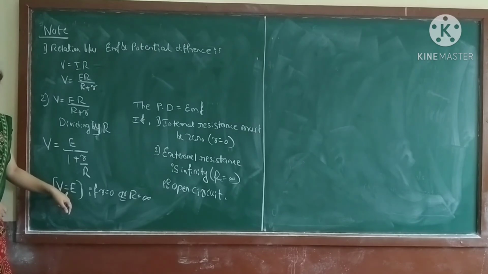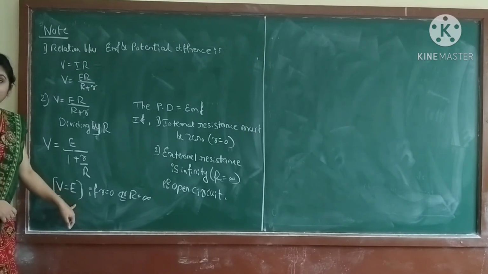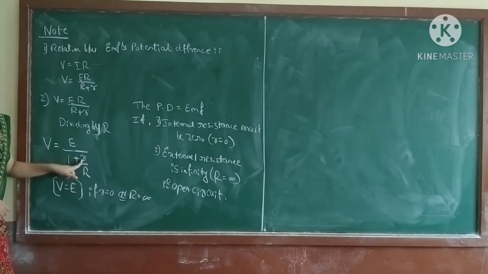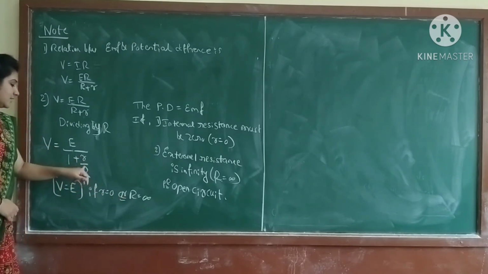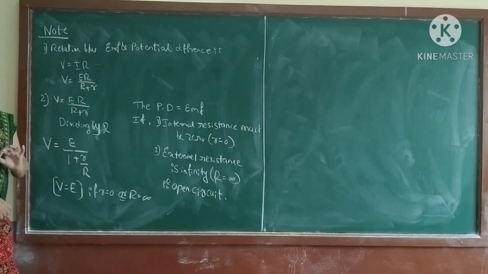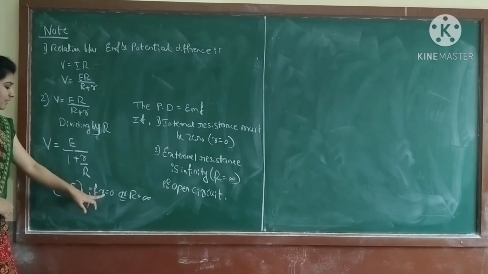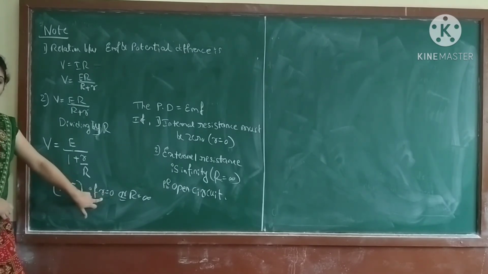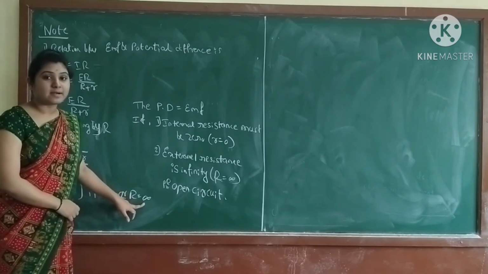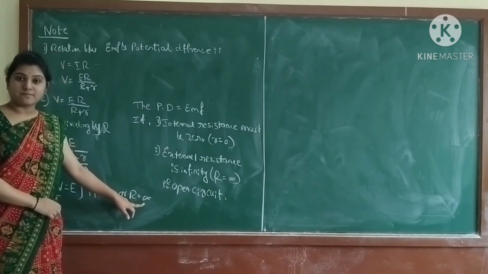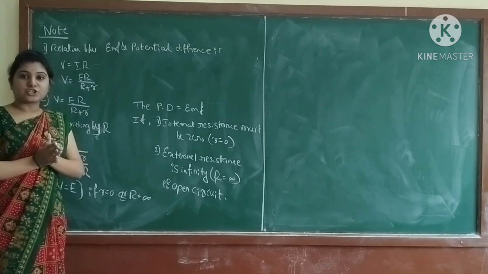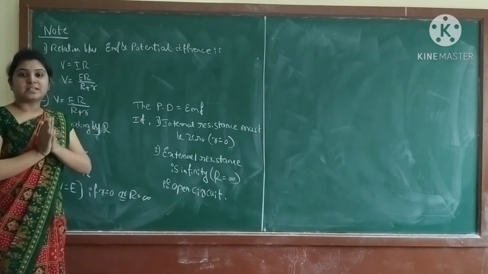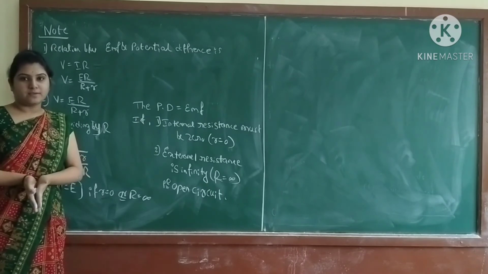The potential difference is equal to the EMF only when the internal resistance becomes 0 and this capital R, that is the external resistance, becomes infinite. That time we get the equation, nothing but the EMF is equal to the potential difference.